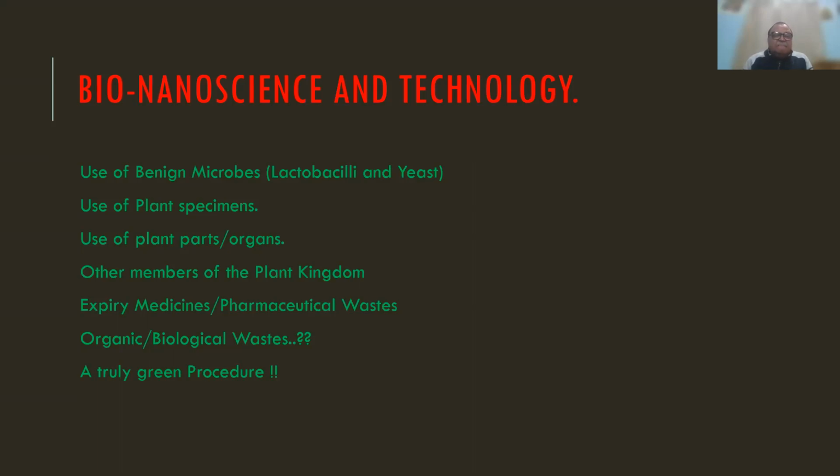Then expiry and pharmaceutical wastes, expiry medicines, kitchen wastes, organic wastes, biological wastes. All these things ensure that we are not causing any toxicity to the environment. So they are truly green because the source is green.